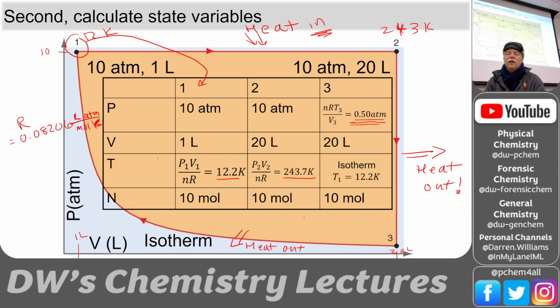So the deltas for leg 2 to 3 are going to be: final is the 3 values and the initial are the 2 values. So this is a starting point to get your state variables all laid out. All your major points along a cycle, get those identified so that you can calculate deltas.